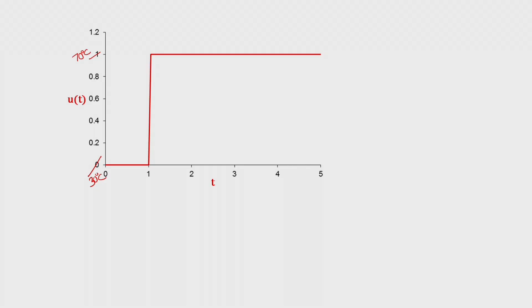It is not possible that the corresponding volumetric expansion is instantaneous and the thermometer column immediately reaches the 70 degree Celsius mark. It will definitely take some time, and you may very much expect that the temperature reading shown on the thermometer by the movement of the mercury column will be somewhat like this.